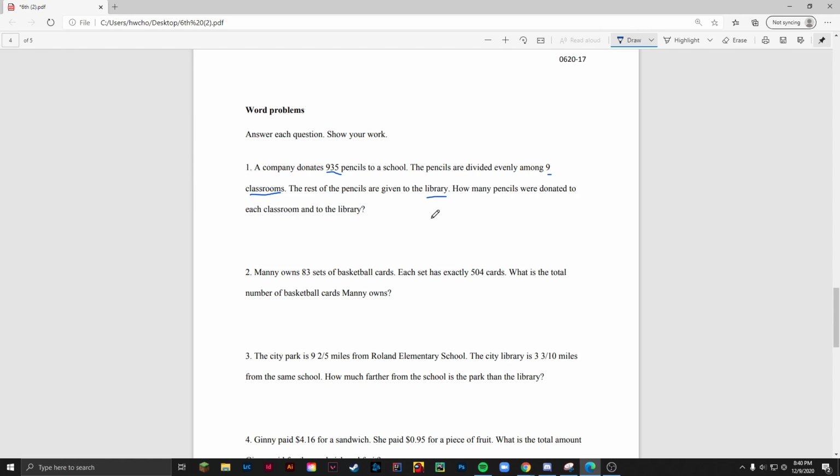From the word question, we have to interpret the rest of the pencils that were given to the library. This is going to be the remainder when divided by 9 classrooms. So once you set up 953 and then divide by 9, you get 1, minus 9.